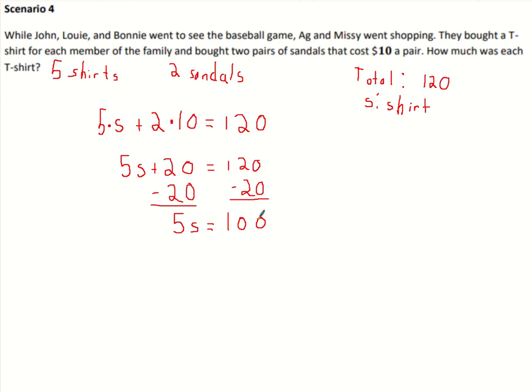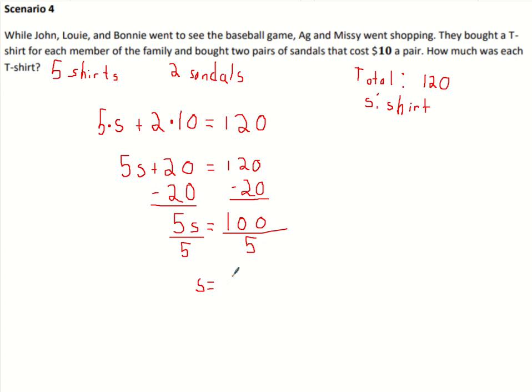And now 5 shirts is $100. Now here's the thing. I don't really care about how much 5 shirts cost. I care how much 1 shirt costs. So if 5 shirts cost 100, I'm going to need to divide by 5 to find out how much 1 shirt costs.